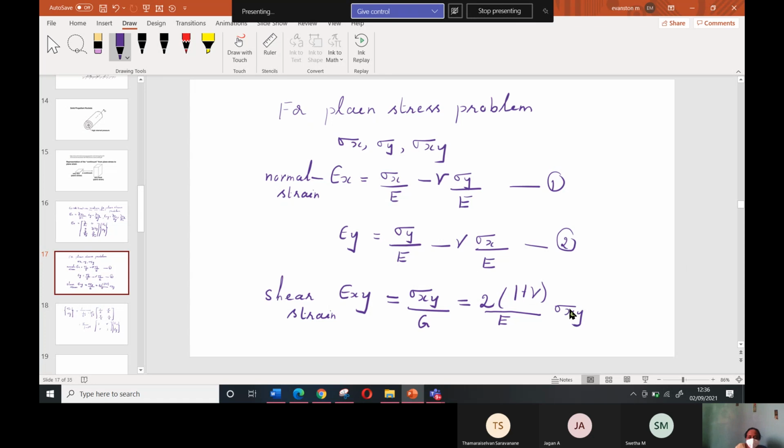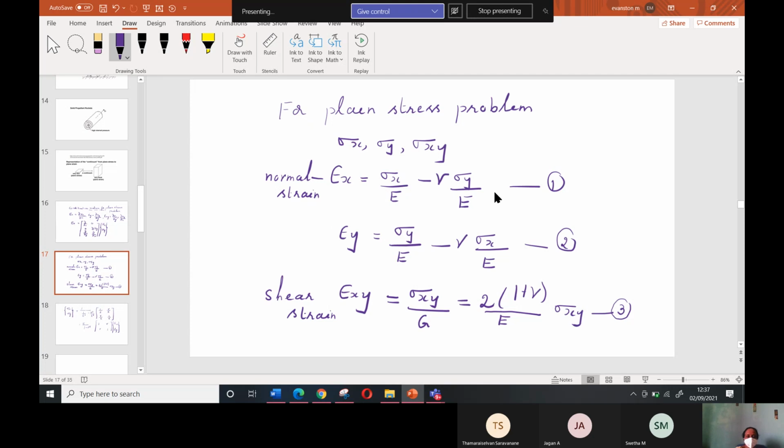From equation number 3 you can get the shear strain. So how will you solve these two equations?